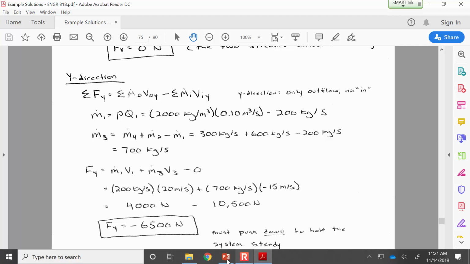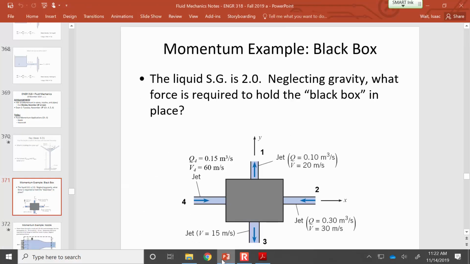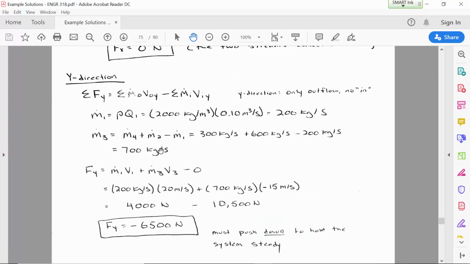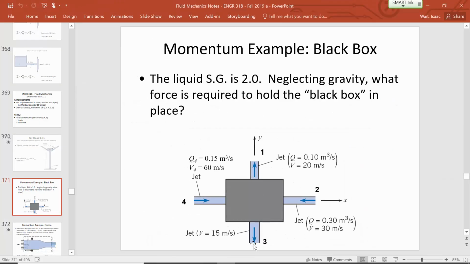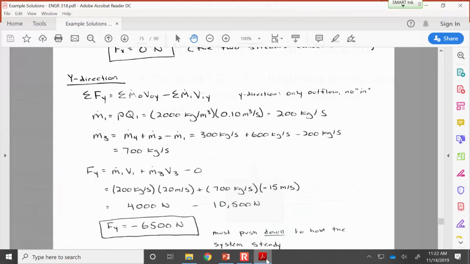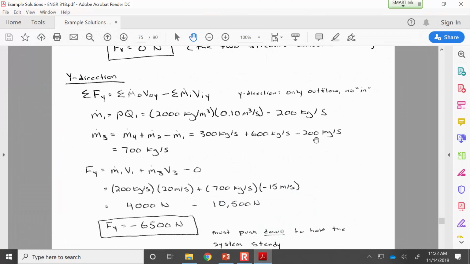So remember how we said in retrospect it's obvious that horizontally it cancels out. But it also makes sense conceptually why the force has to be down. Let's consider that. We've got 700 kilograms per second going out through the bottom. And what was the mass flow rate at 1? 200.